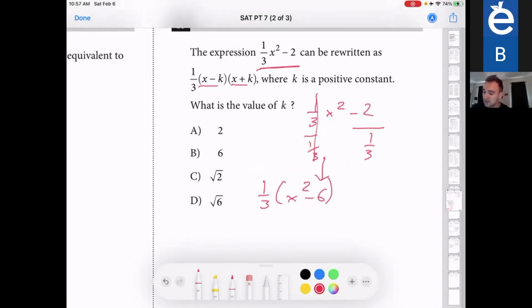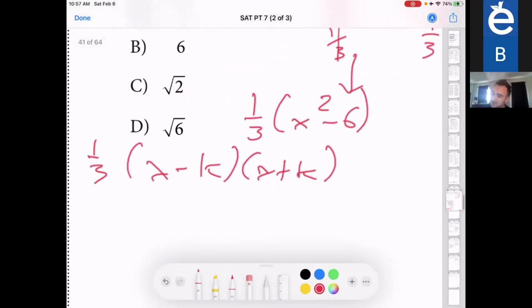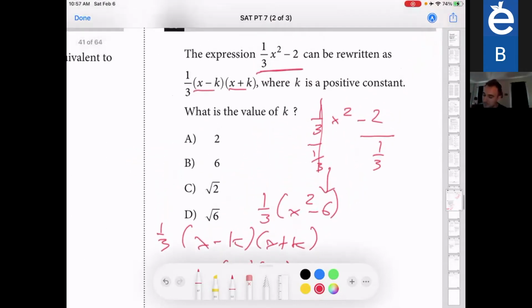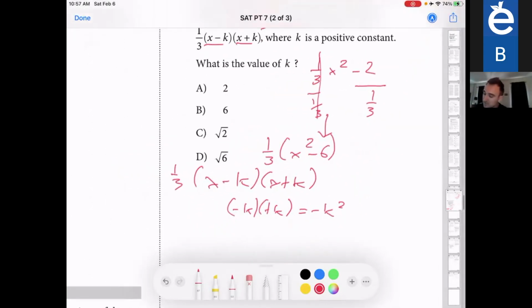If I look here, my difference of 2 squares, the relationship between these k terms and this 6 would be, if I multiply them by each other, a -k times a positive k would just give me -k squared. -k squared must be equal to my -6.